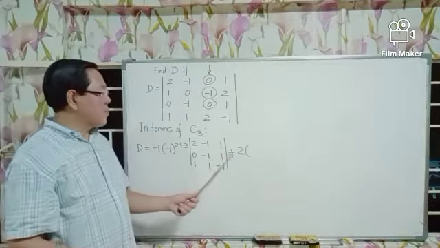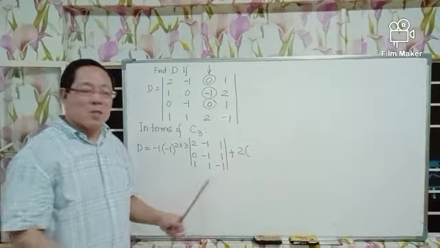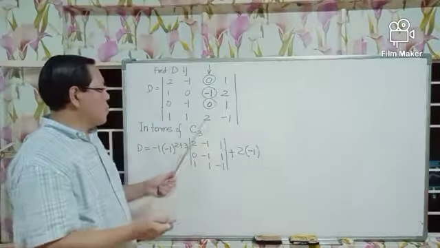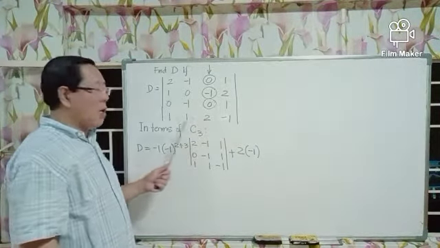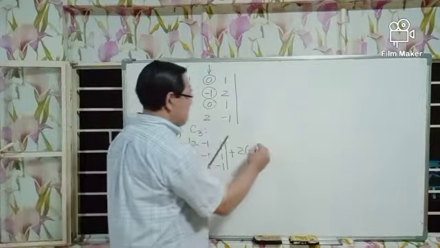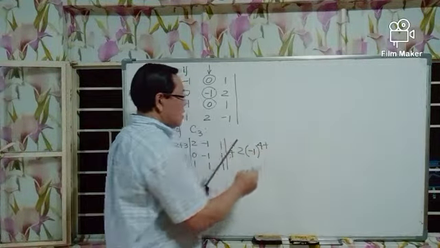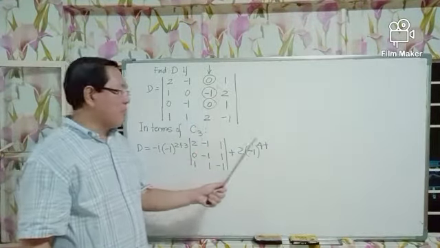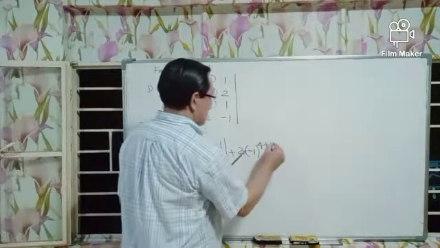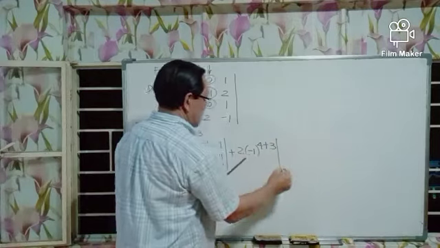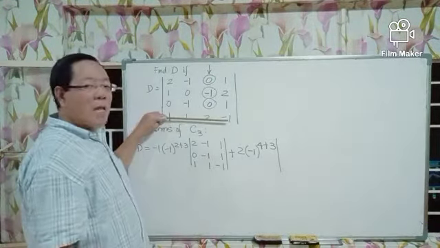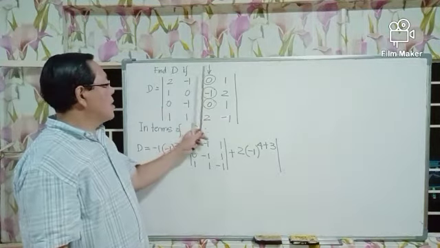The cofactor of 2 is given by negative 1 raised to the row number of 2, which is 4. It belongs to row 4. Plus the column number of 2, it belongs to column 3, plus 3. Multiply by the determinant that remains after deleting the last row and the third column.